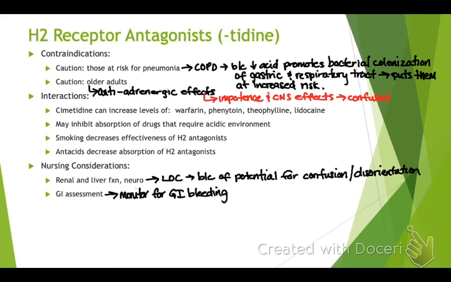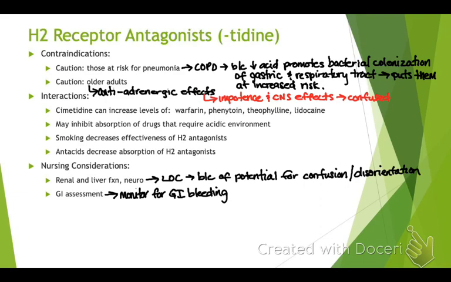So if you're taking an antacid along with an H2 antagonist, it's going to decrease its absorption. You need to make sure that patients are aware of combining the two because one will decrease the effect of the other. Nursing considerations: renal and liver function is something that you need to look at with your patients.